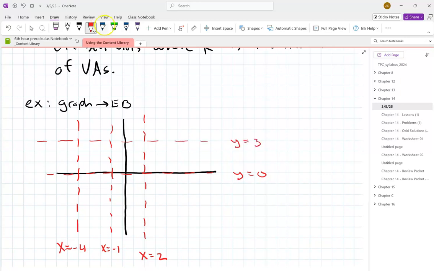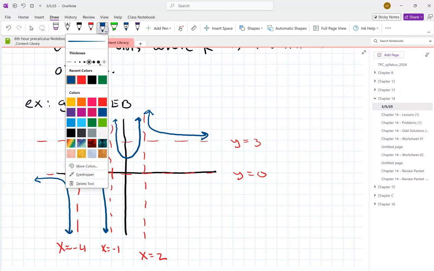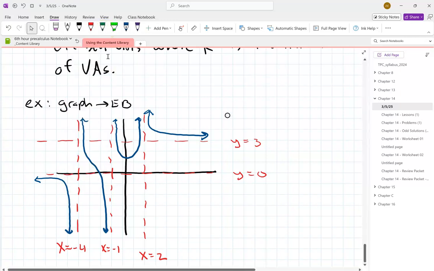So I'm going to just kind of draw in some asymptotes. So I just kind of made up a graph here to practice doing end behaviors.